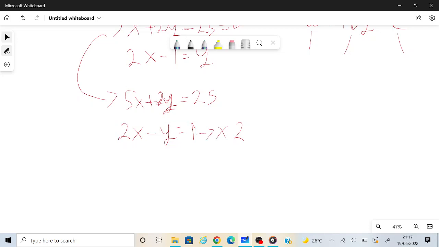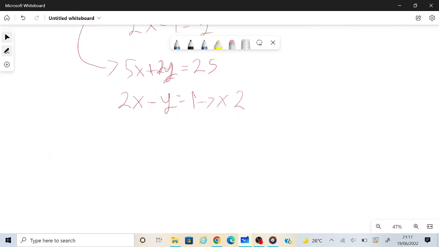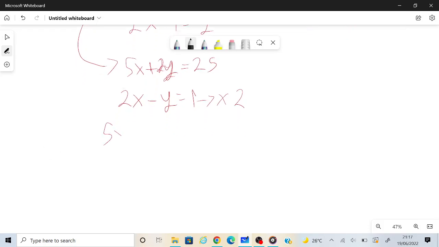Because then I would have minus 2y and 2y there, and then I can eliminate them. So doing that, we have 5x plus 2y equals 25. Timesing this by 2, you have 4x minus 2y equals 2.